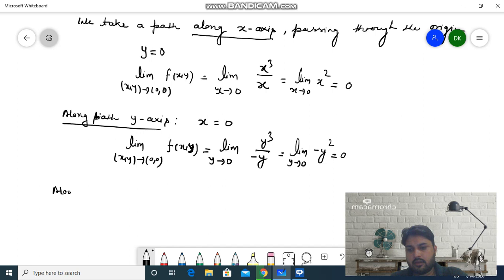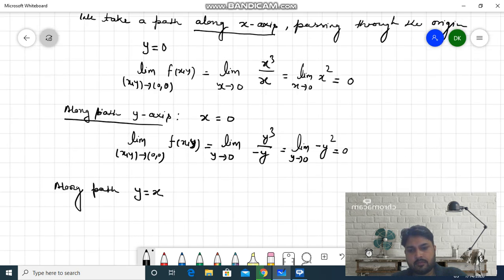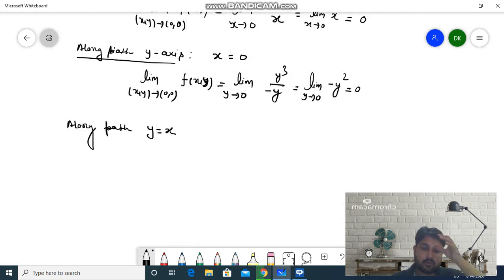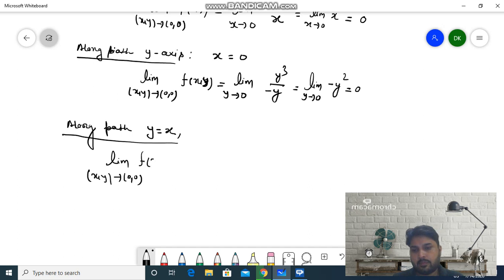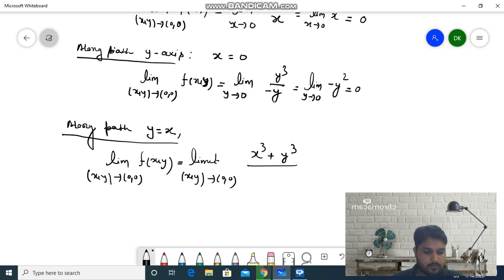If we take an arbitrary path, suppose along the path y is equal to x, then we can check that the limit (x, y) tends to (0, 0) of f(x, y), which is x cube plus y cube upon x minus y.